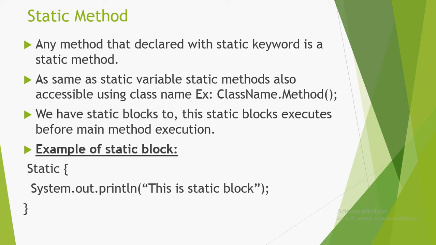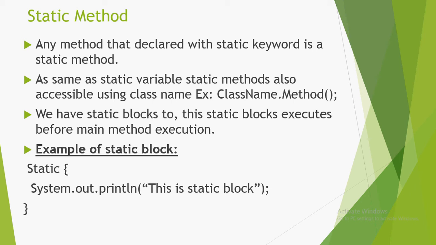If we want to access that method, there is no need to create an object, because if we create an object, a new memory space will be created, and that new memory space will also refer to this static heap memory. So there is no need to create any object. We can access it by using class name dot method name, like A dot method. By using that, we can access this static method.